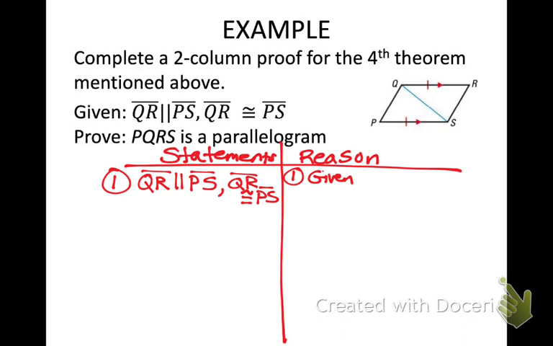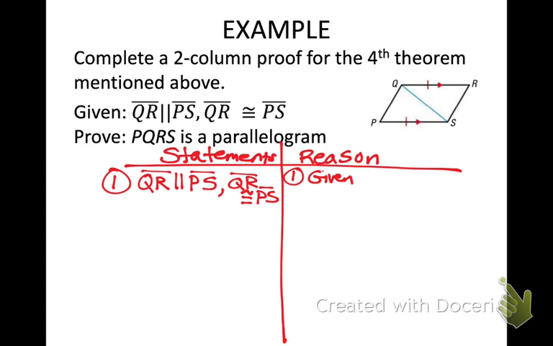So I need to, somewhere in my statements, show 2 sets of parallel sides. Well, the nice thing is I already have 1 in the given, so now I need to get the 2nd set of parallel sides. So in order to prove these theorems, we need to get 2 sets of parallel sides. Okay, so what's our rule of thumb with proofs? What's the first thing we're looking for?